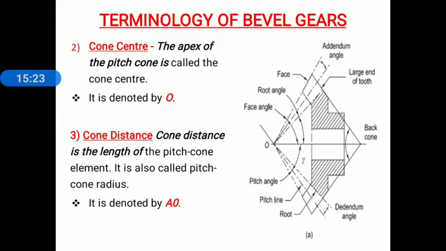Now see the left side, point capital O is the apex point of the pitch cone, and that point is called cone center. Third point, cone distance. Cone distance is the length of pitch cone element.